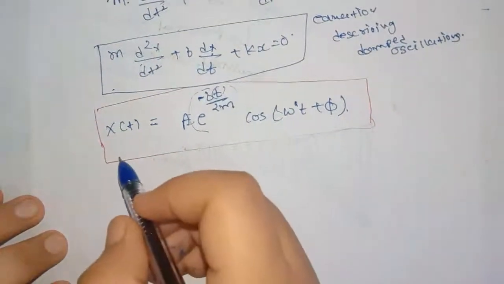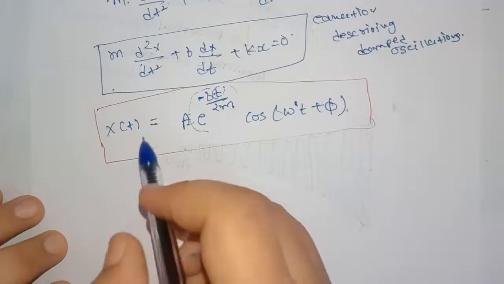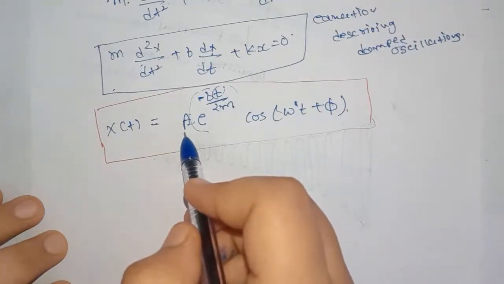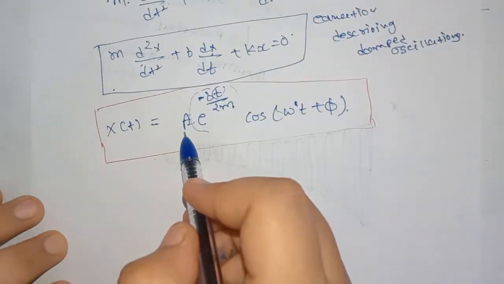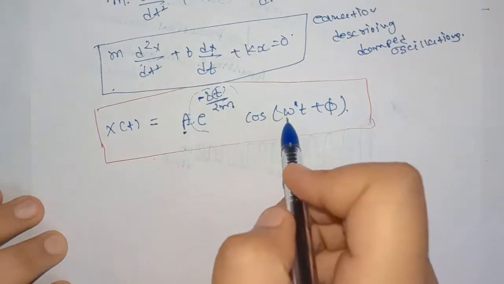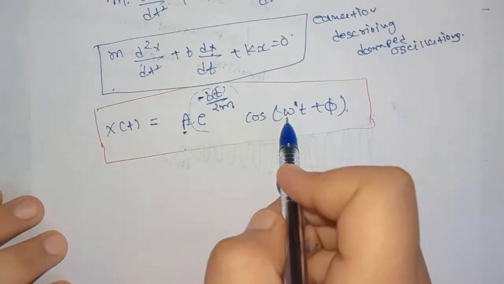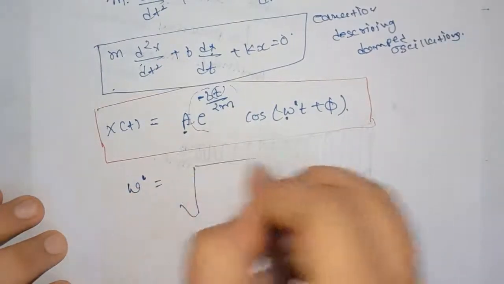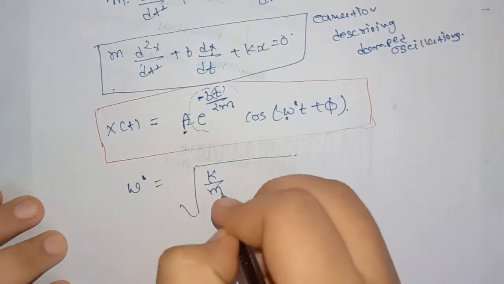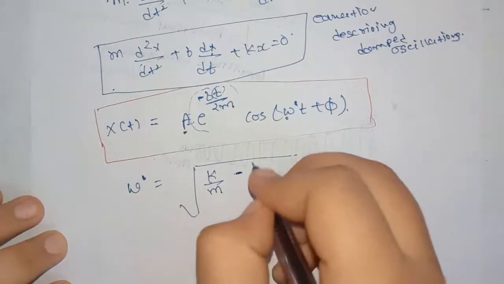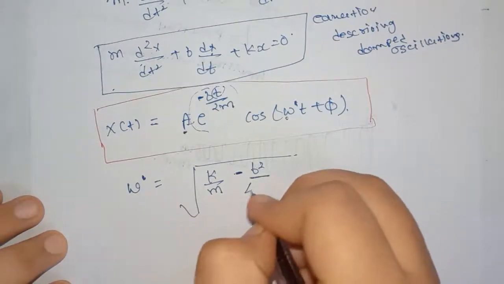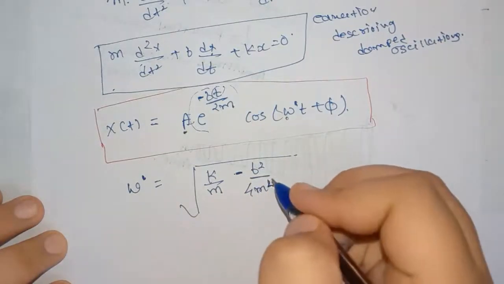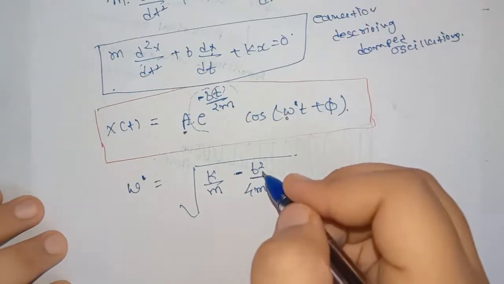Here A is the initial amplitude, and omega dash is the angular frequency of the damped oscillator. Omega dash is given by under root k by m minus b square by 4m square.